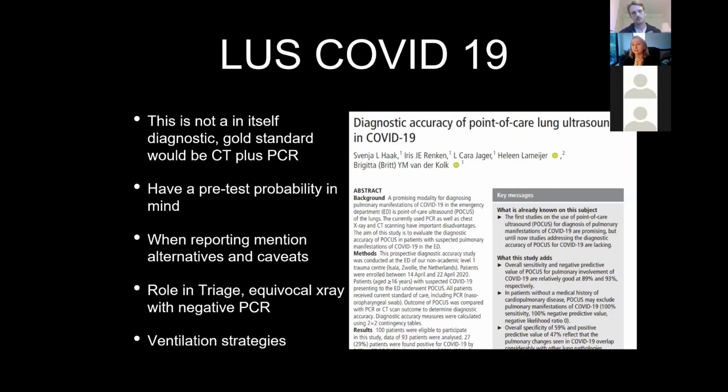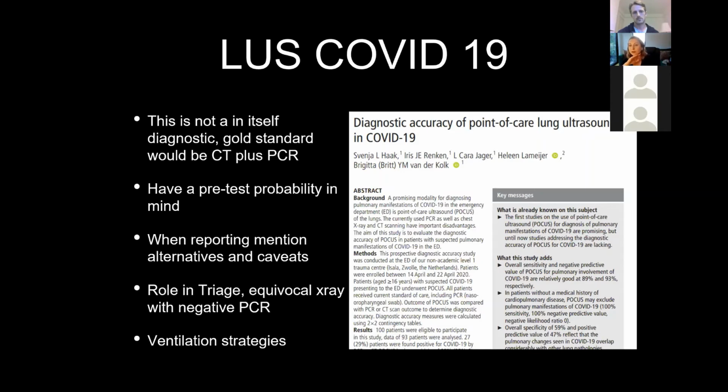And I think it would be less useful now that we have alternatives available and the right cubicles for isolation. And it's also used for ventilation strategies, so knowing when to prone and knowing where your areas of ventilation mismatch are. So it can be used in ITU for that.